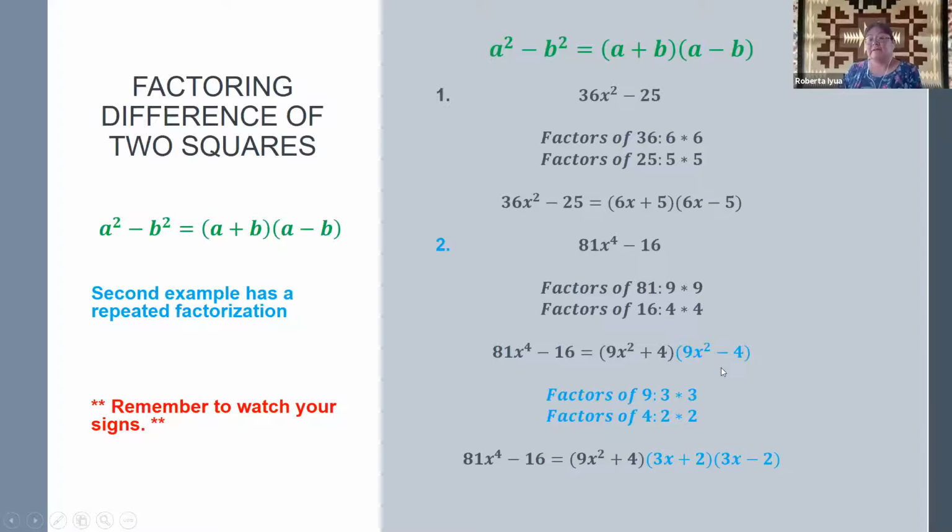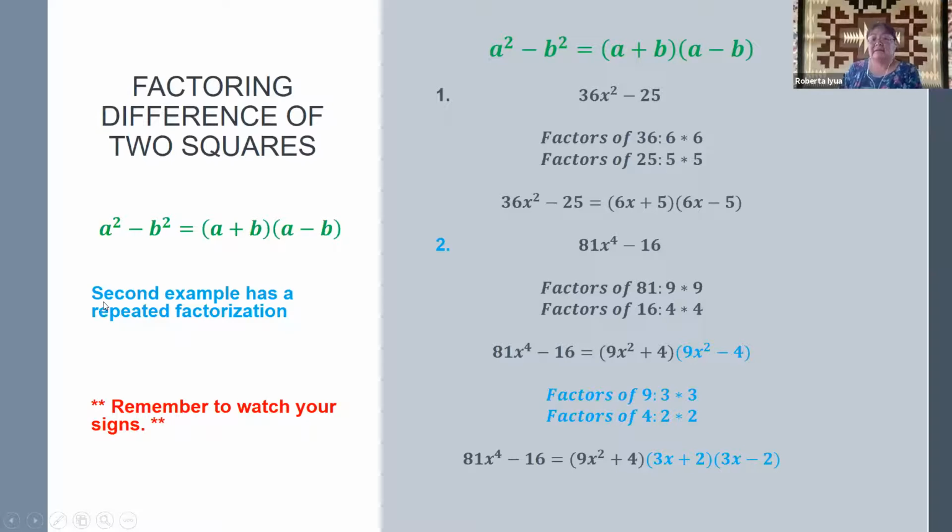If you see the pattern here in the negative, it looks like a squared minus b squared. We can factor this again. And I found the factors of 9, and I found the factors of 4, and I put that in there. So my overall answer for this one is 9x squared plus 4 times 3x plus 2 times 3x minus 2.